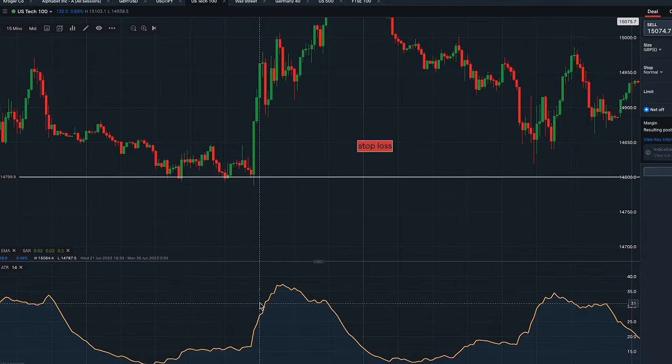So in this area, it's giving you 30 points. What most traders do is if it's giving you 30, they double the ATR, so 60. I don't like to do that. I like to do a few points more.